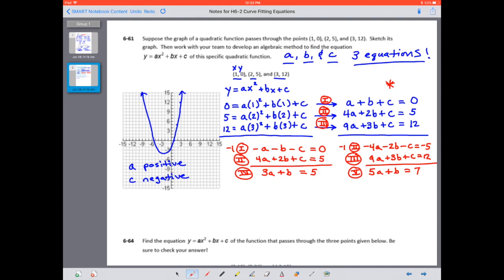So now let's just solve. This looks like it's going to set up pretty easily for elimination. We have a b in each of them there. So I'm going to multiply equation 4 by negative 1. And we have negative 3a minus b equals negative 5, which leaves us with 2a equals 2, so a has to equal 1.